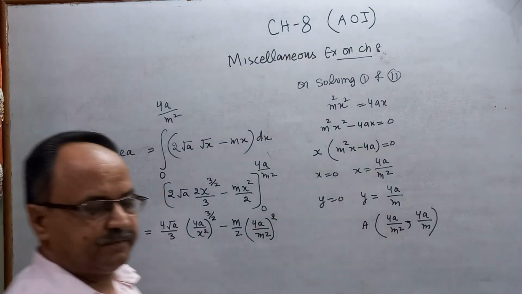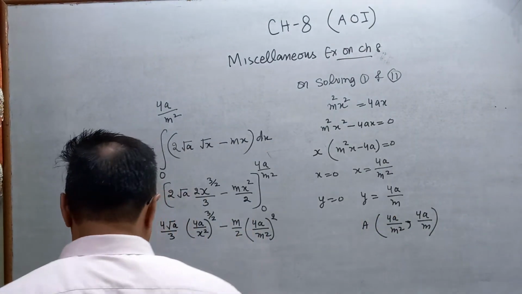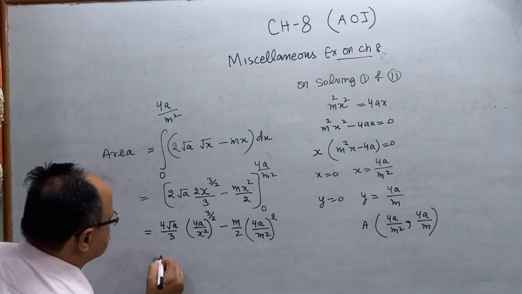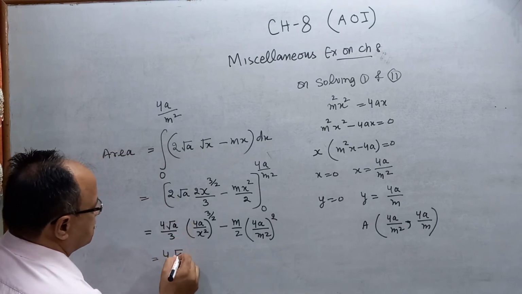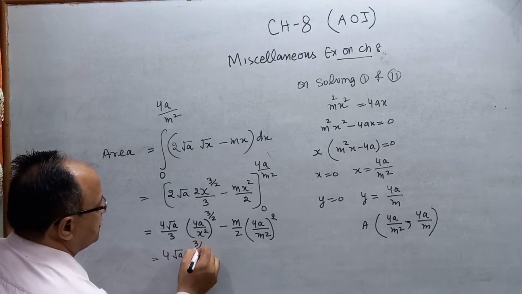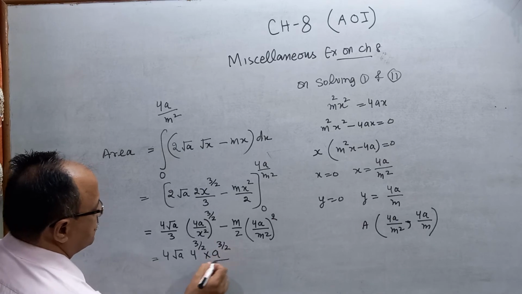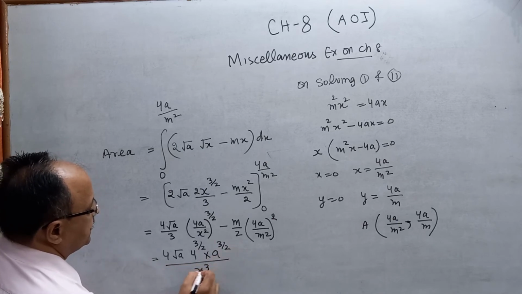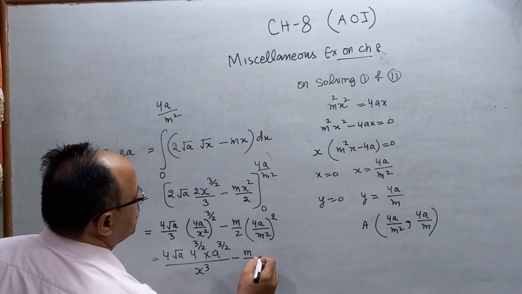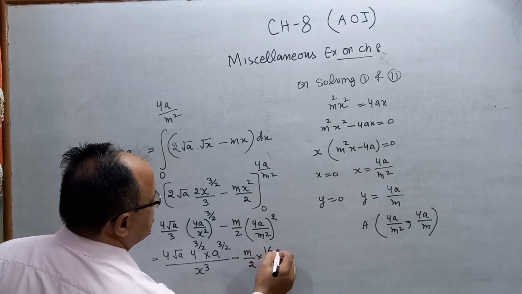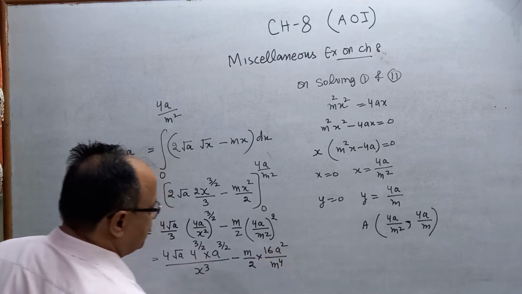Correct? Now further you can solve. This is 4 to the power 3 by 2, a to the power 3 by 2, and m cube, minus m by 2 times 16 a square by m to the power 4.